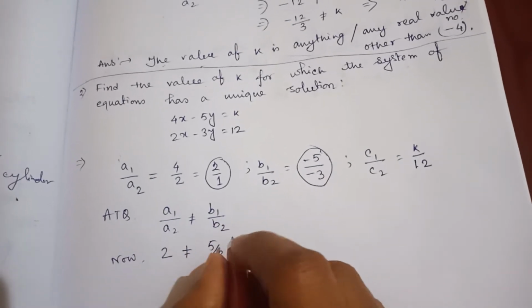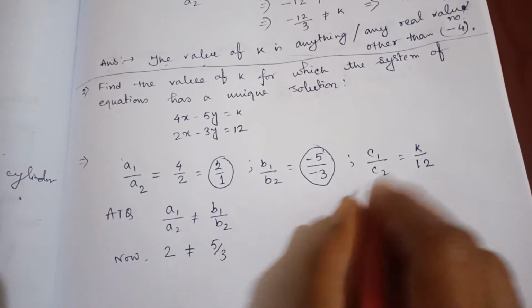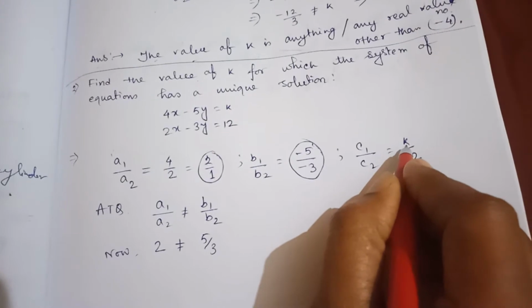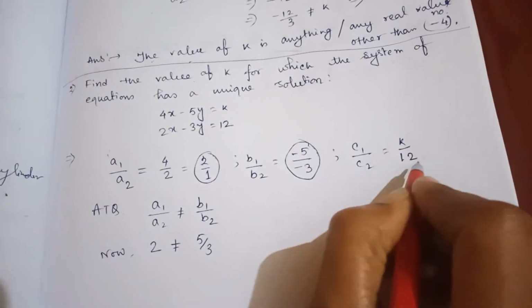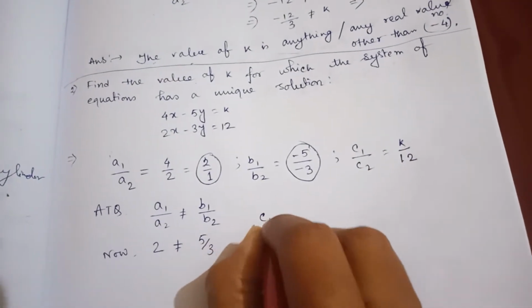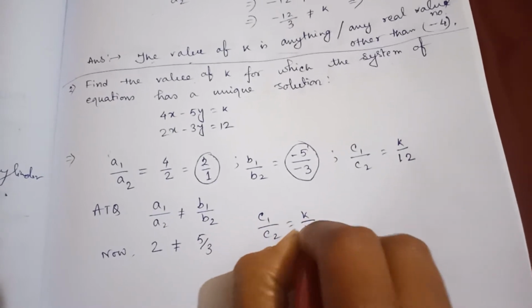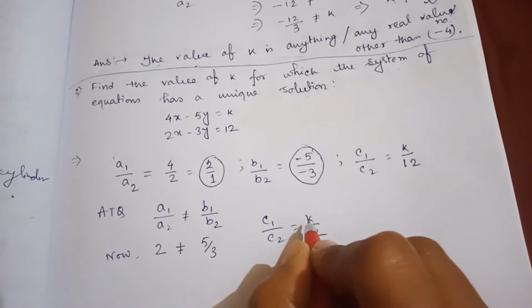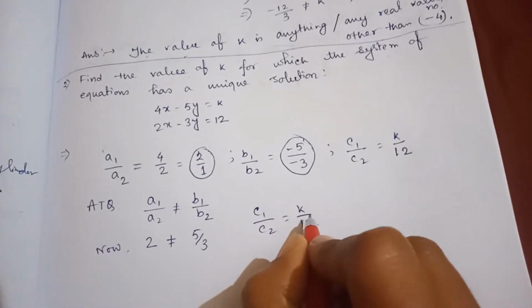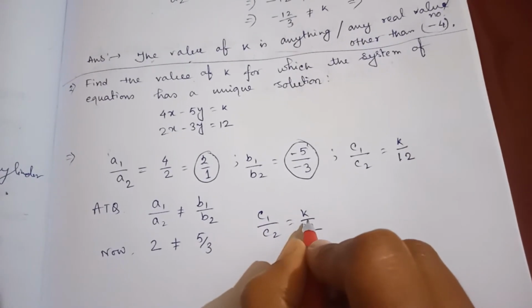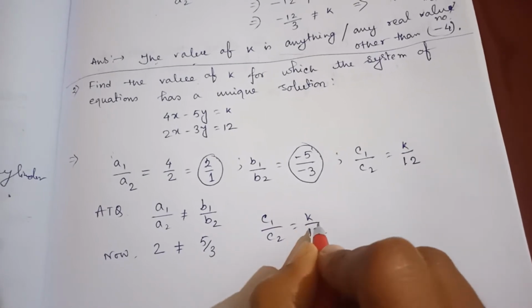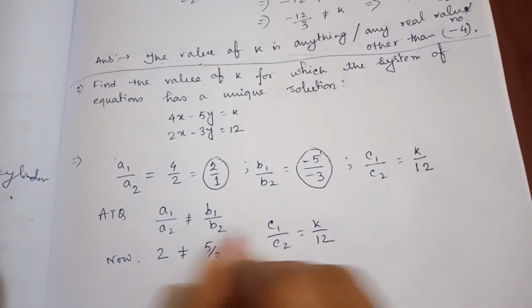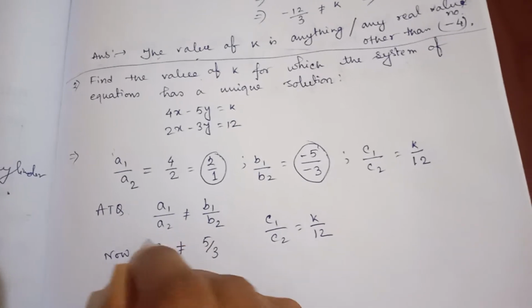So how will we choose our answer? Look, whatever k will be, we can choose anything for C1 by C2 here, k by 12. So we can choose anything for k, any real value for k, and that real value of k will not hamper this condition.